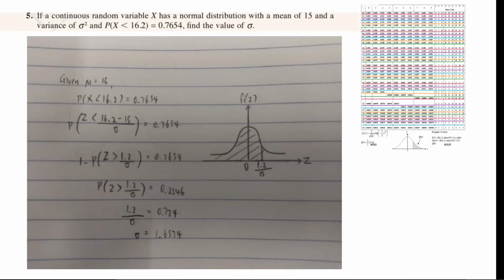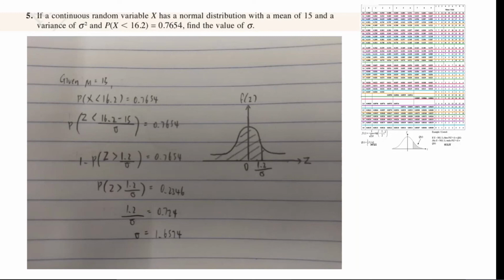Because 0.7654 is bigger than 0.5, we cannot use the table directly to find the value of (16.2 - 15) over standard deviation. So we need to use 1 minus the probability of Z bigger than 1.2 over standard deviation equal to 0.7654. Actually 1 minus the probability of Z bigger than 1.2 over standard deviation is equal to the probability of Z smaller than (16.2 - 15) over standard deviation.